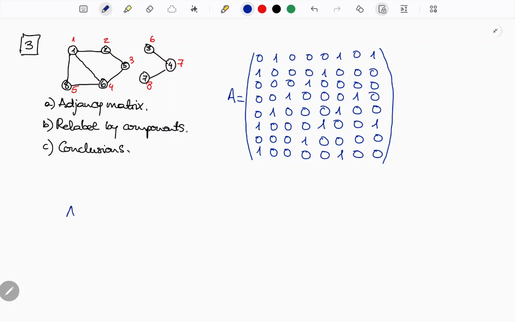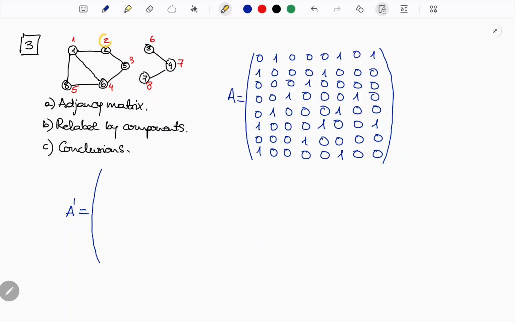So I'm going to call this new adjacency matrix A prime, and I'm going to do exactly the same. The first row is going to be the labels of the nodes where 1 is connected to. So 1 is connected to nodes 2, 4, and 5.